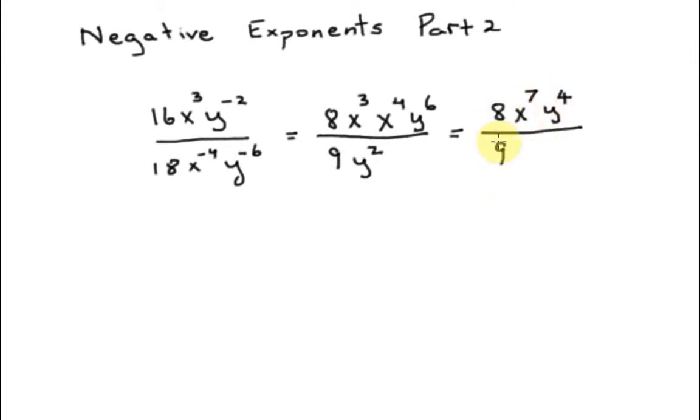And that's my simplified answer. Sometimes you'll see it written like this. So sometimes they put the numbers out in front, and then they write the powers after that. Means exactly the same thing as what I've written as one fraction here. So it's just a little bit different way of looking at it.